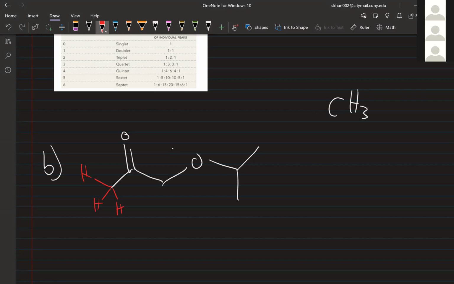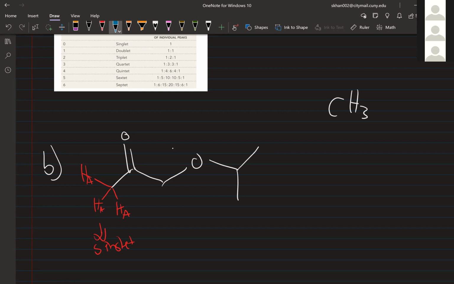Multiplicity. Rania says singlet, and it's one signal. They are all homotopic to each other, and there are no other unequivalent neighbors. So we get a singlet there, because 0 is the number of neighbors.